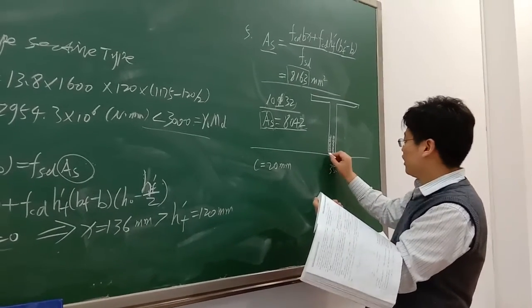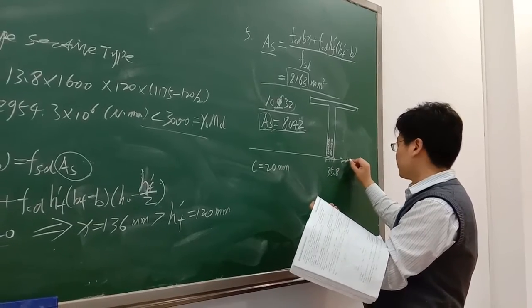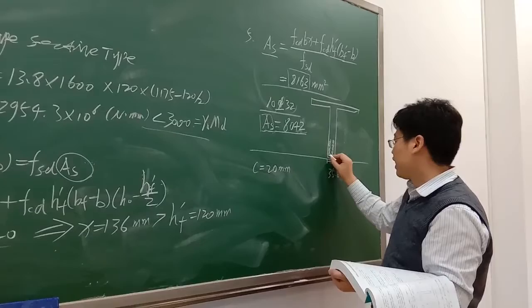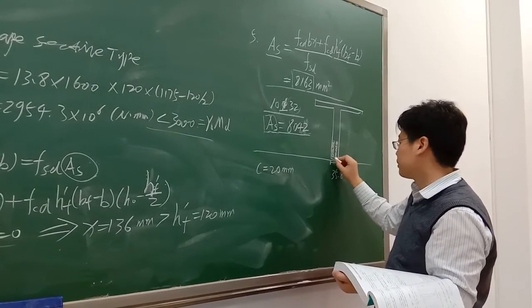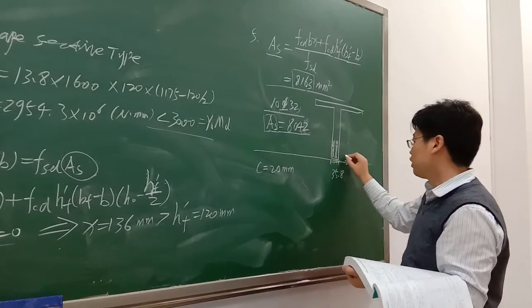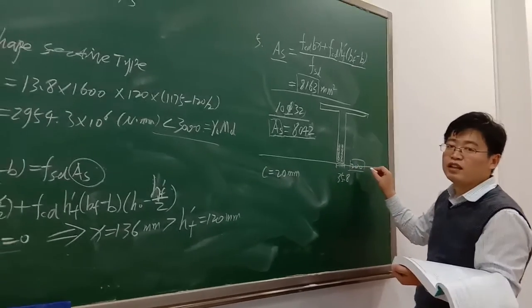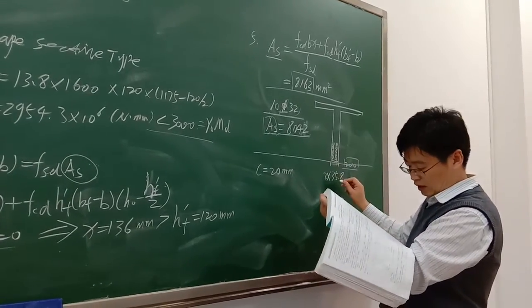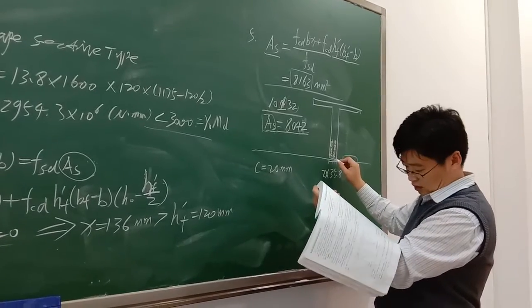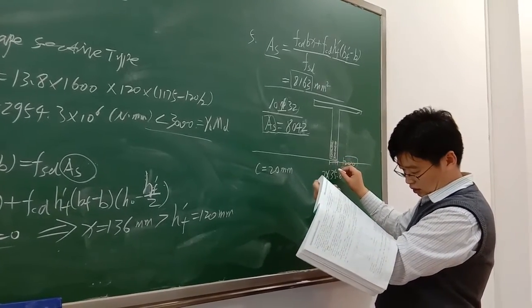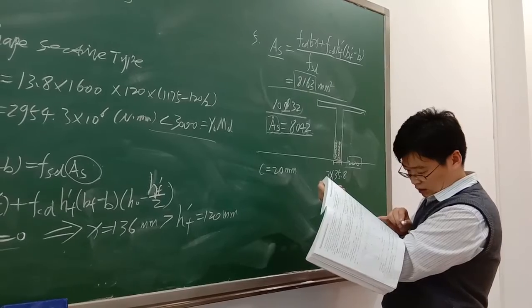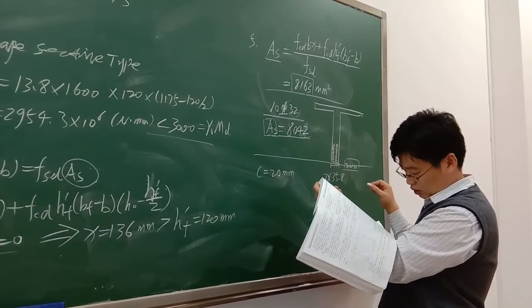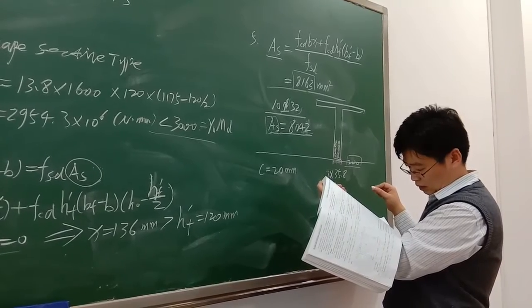Because the width is 200, you need to check the cover thickness plus this diameter plus the space, and this should not be larger than this.